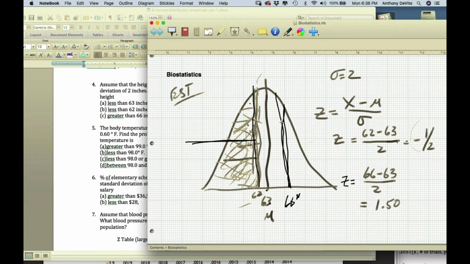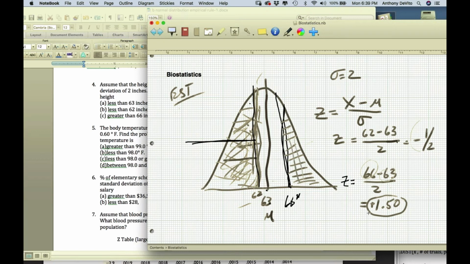Okay, so we're in the area that's greater than 66 inches, right? So we got the z-score. Notice what's the sign on this? It's positive, because it's above the mean rather than below the mean. And if you just work out the numbers correctly, it'll always give you the right sign anyway, right? So it's a positive 1.5, but we're looking at this area here.